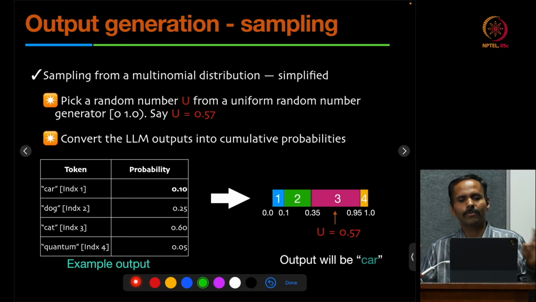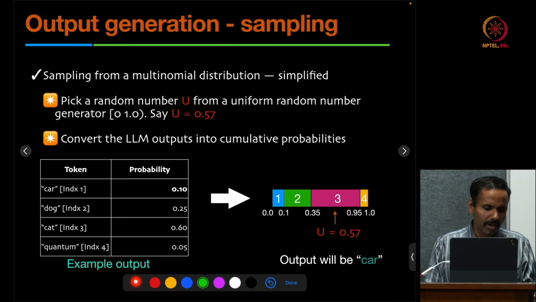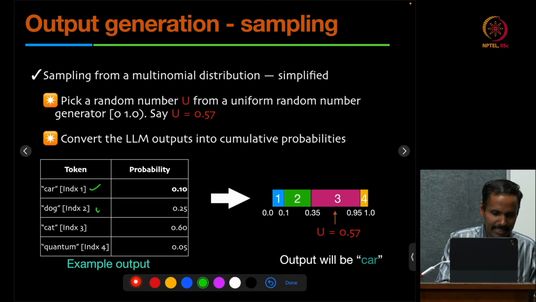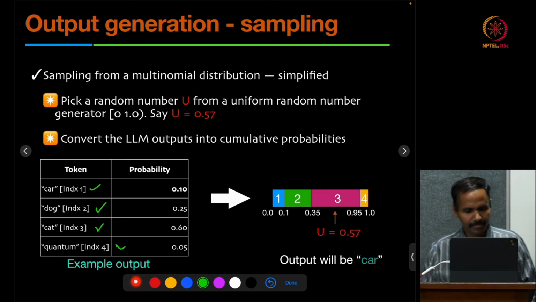These are index 1, 2, 3 and 4, and one of them, for example cat, had the highest probability. Now let us assume that you place these 4 in a cumulative distribution form, if you want the probabilistic term, along the axis of 0 to 1.